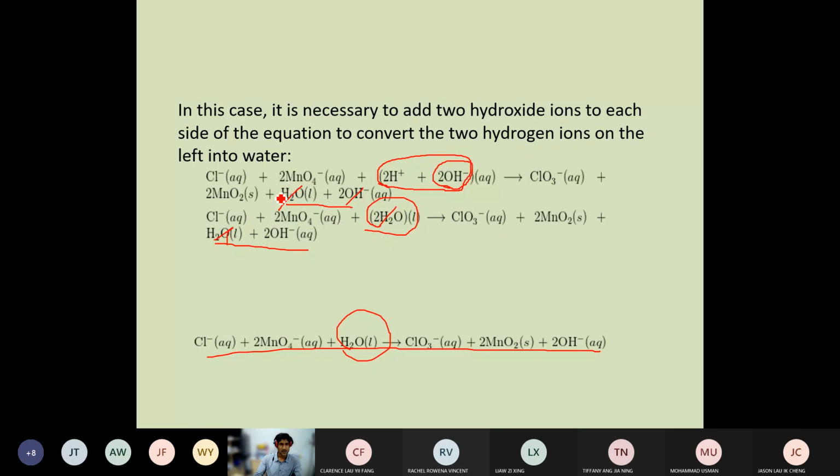This water is from here. These are 2 molecules of water, because 1 molecule of water is here and there are 2 molecules. So 1 molecule is cancelled out and another molecule is left over. You have to balance the water molecule as well, hydrogen and oxygen as well.